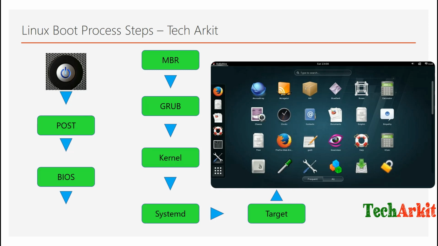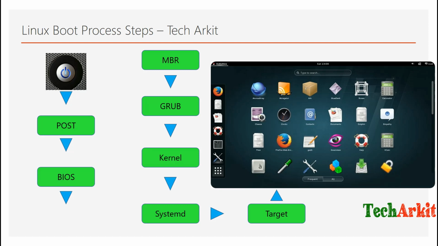Whenever you power on your server, POST happens and BIOS will be loaded, and next the MBR will be loaded. It locates your partition information and grub information. Then the grub will be loaded with the initial ramfs. Then the kernel is loaded in multiple stages, like stage 1, stage 1.5, and stage 2.